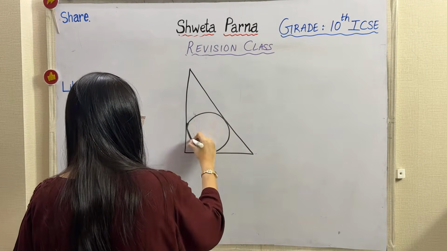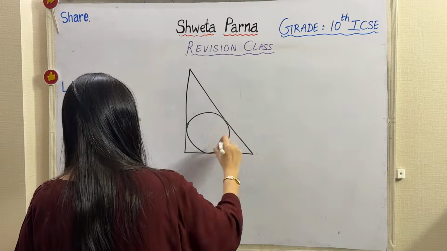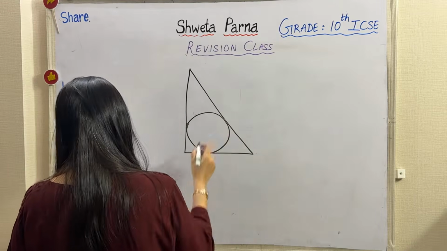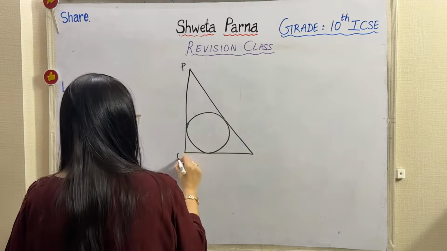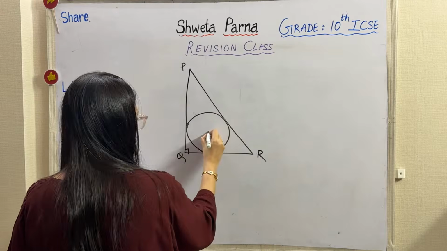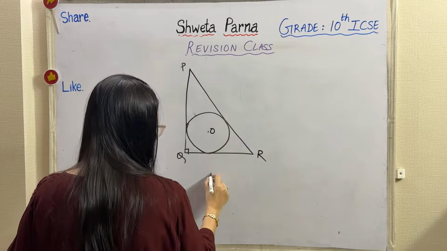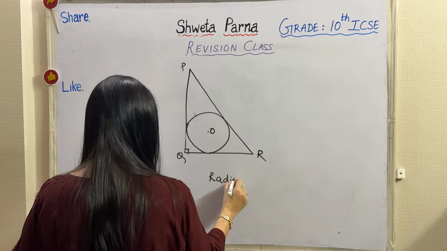So this is an incircle. Okay, P, Q, R. This is a right angle triangle. O is the center of a circle. You have to find the radius of the inscribed circle.